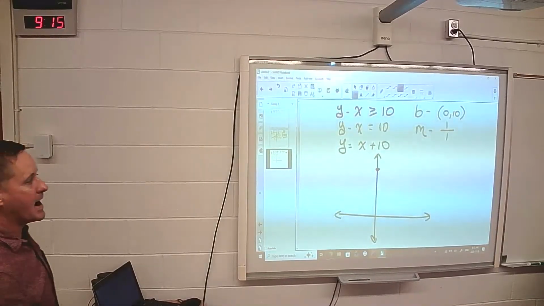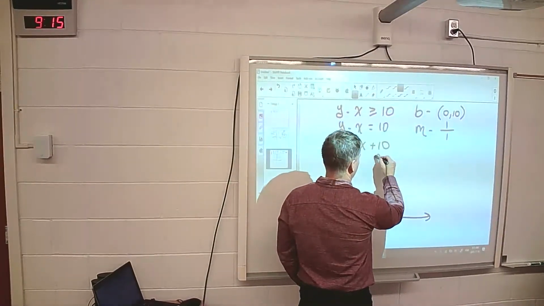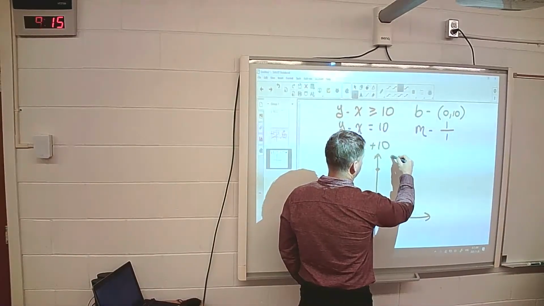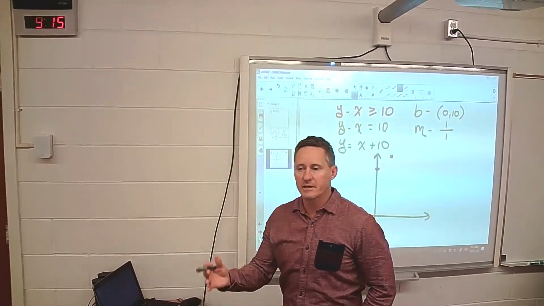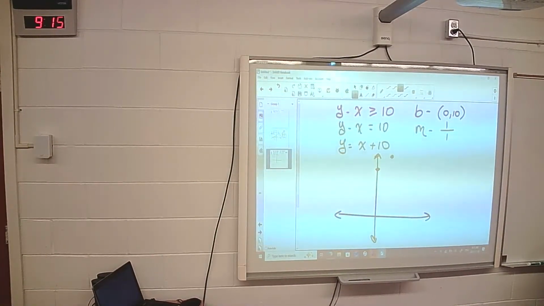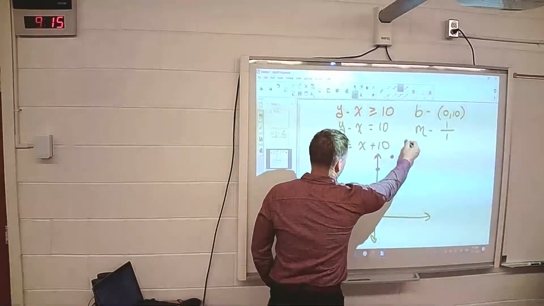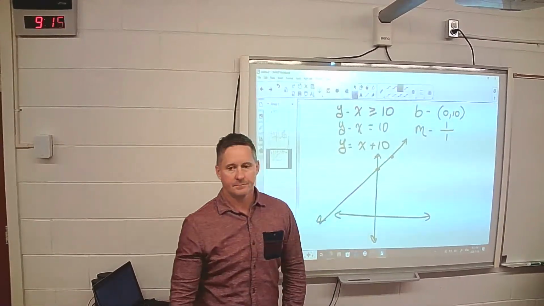So where does my math tell me to go from 0 and 10 then? Up 1, right 1. Okay, so there's the first thing. Now I have to decipher. Is it a solid line or is it a dashed line? Solid. How come? Because it's equal or greater. Absolutely. Equal to. That makes that a solid line.